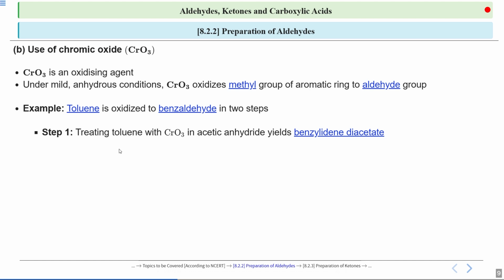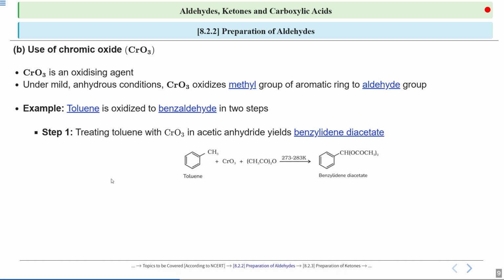This reaction will yield benzylidene diacetate. Now if you see over here, acetic anhydride acts as a solvent. It helps in the acetylation process, that means the addition of an acetyl group to a molecule.